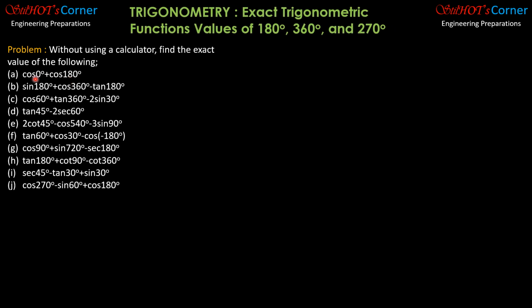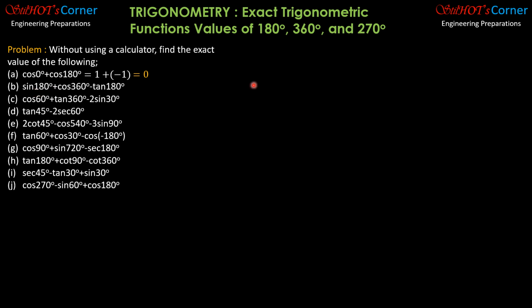So 1 plus negative 1 equals 0. So that is 0. Of course, you have to verify using your calculator for those who cannot remember. That you should be able to remember so that you can evaluate these operations without the calculator.